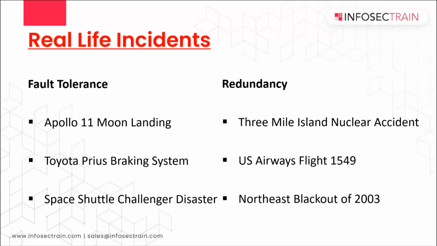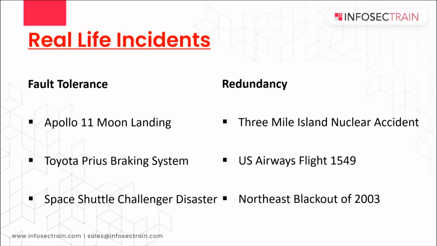The outage was caused by a series of failures in the power grid, but the impact of the outage was limited thanks to the redundancy built into the grid's design. For example, some critical infrastructure such as hospitals and emergency services had backup power sources that allowed them to continue operating during the outage as well.